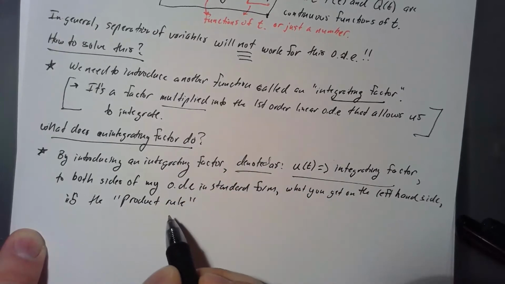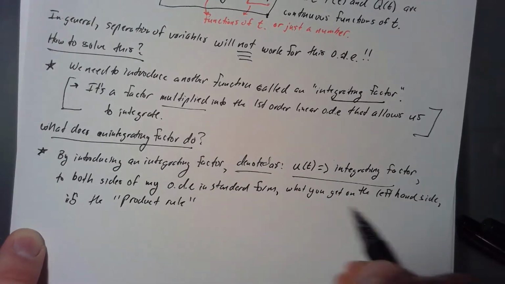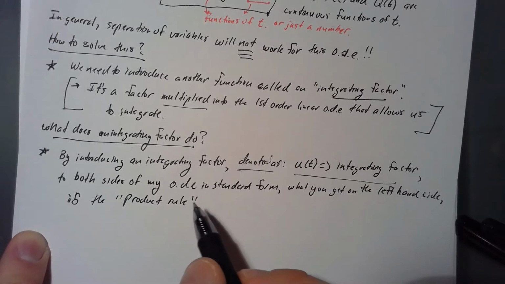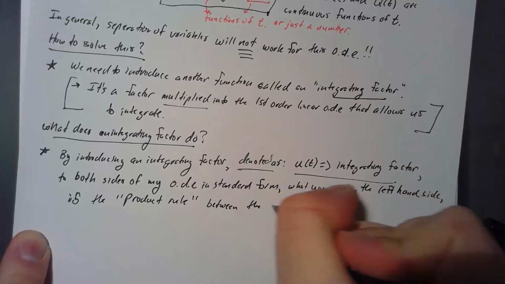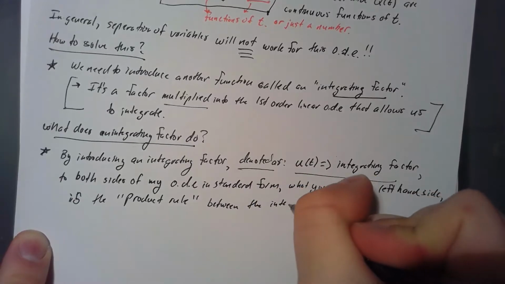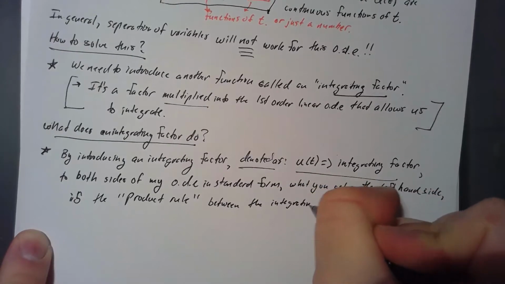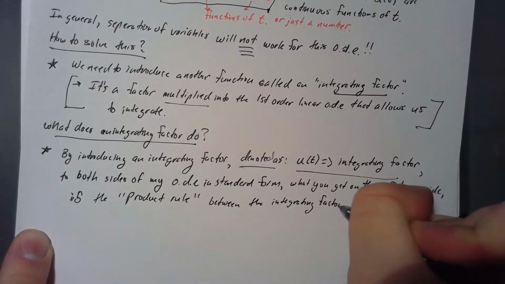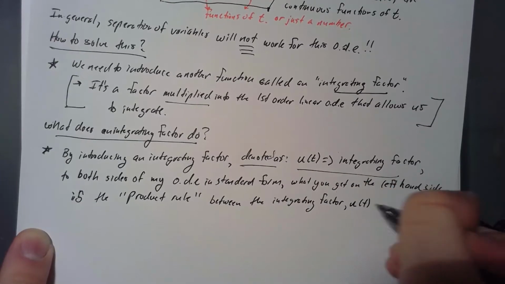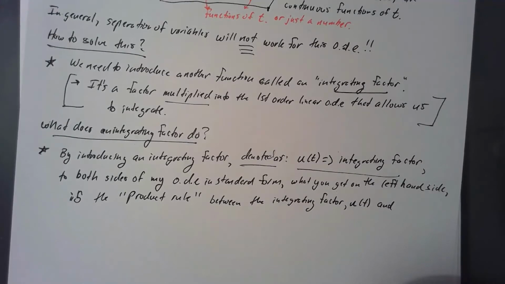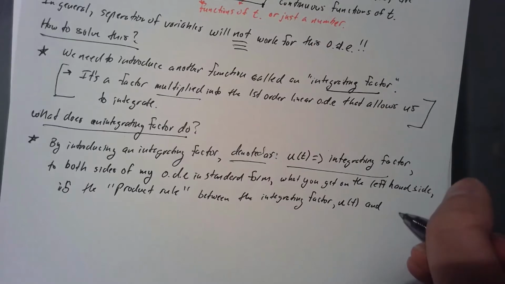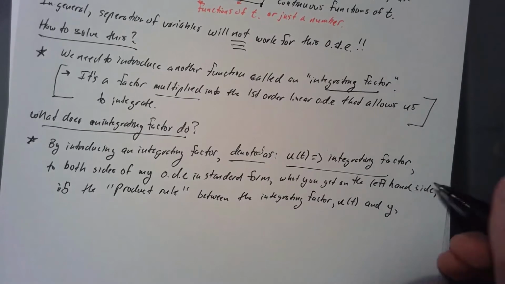What's the product rule? It's the derivative of a product, right? So what you get is the product rule between the integrating factor u of t and y, which is the dependent variable.